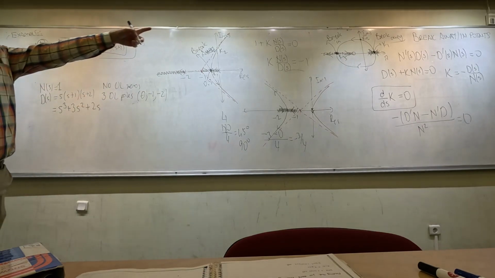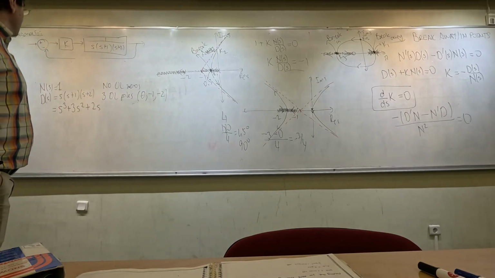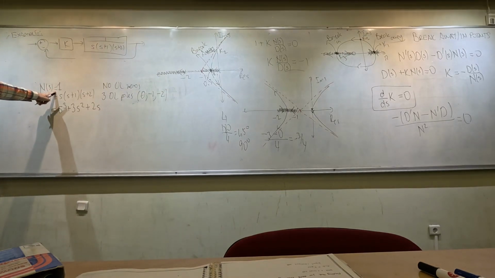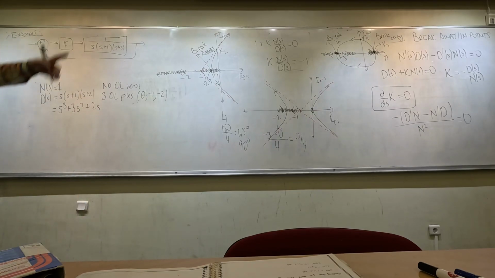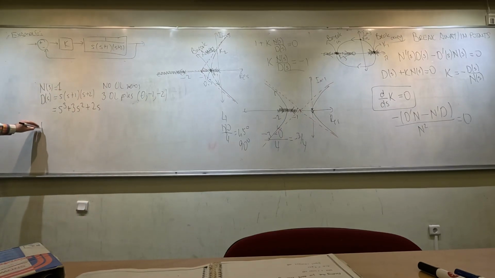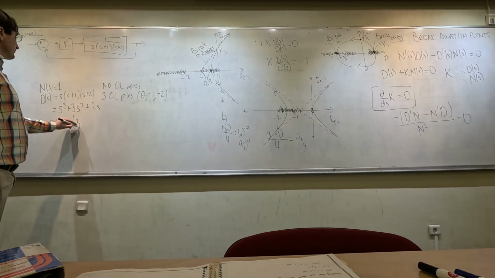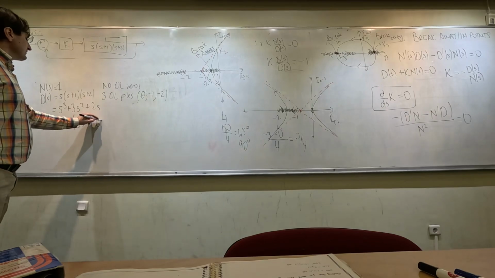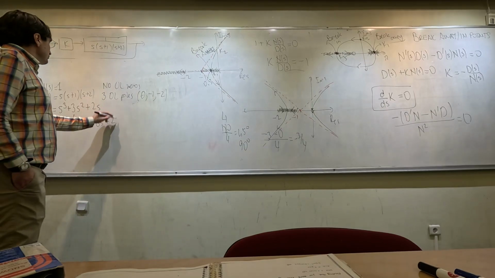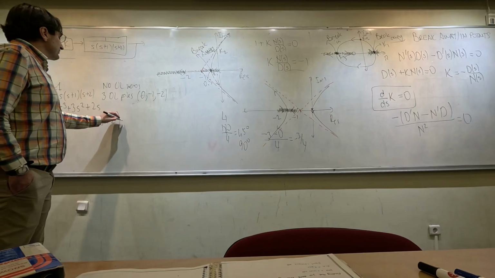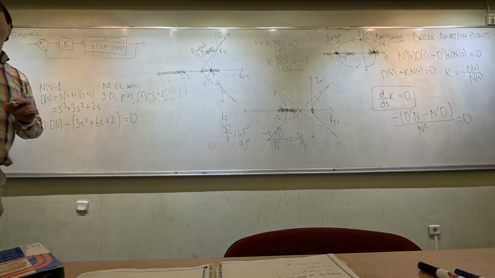So now if I try to apply that formula, what is n prime of s? Derivative of n of s, which is 1, with respect to s. It is 0, so I won't have the first term, 0 times d of s, and I have minus d prime of s. It is 3s squared plus 6s plus 2 times n of s, which is 1, should be equal to 0.